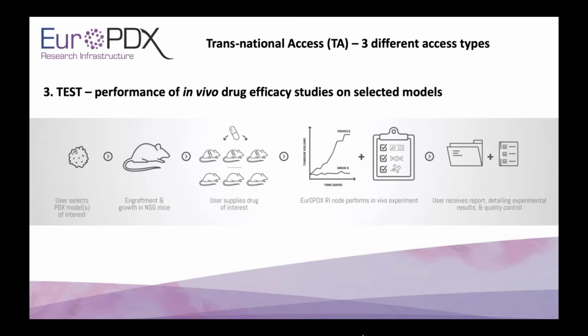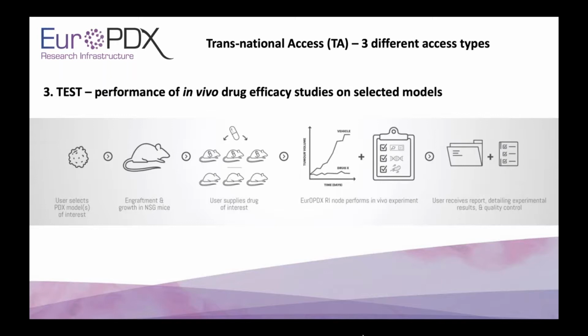Finally, a third way of accessing the models is what we call tests. It's the performance of in vivo drug efficacy studies on selected models. So this test access is also available to biotechs and of course to academic labs.